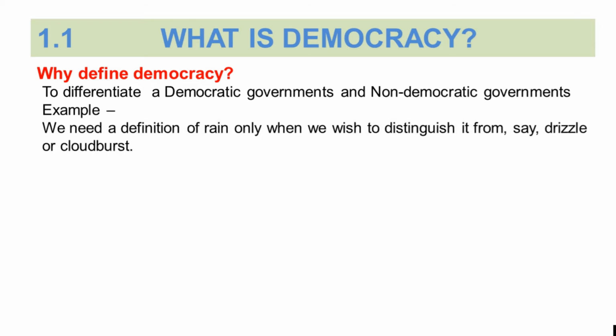We need a definition of rain only when we wish to distinguish it from drizzle or cloudburst. The same is true for democracy. We need a clear definition only because people use it for different purposes, because very different kinds of governments call themselves democracy.